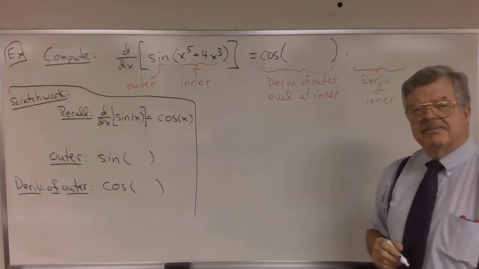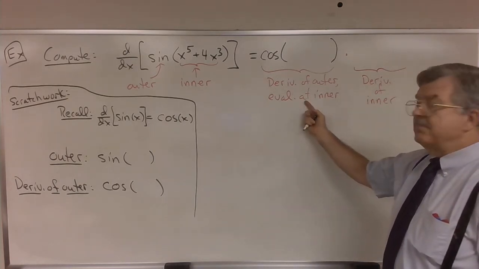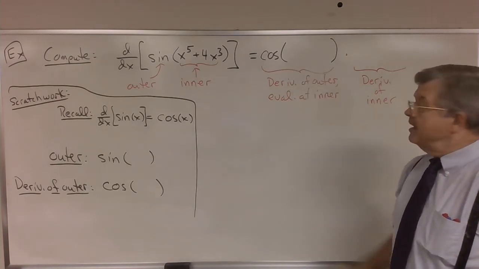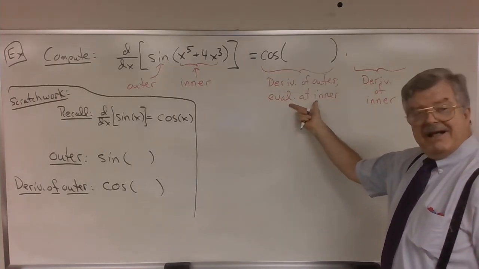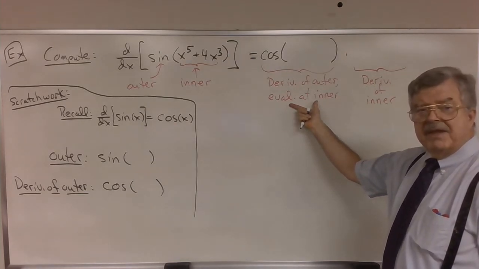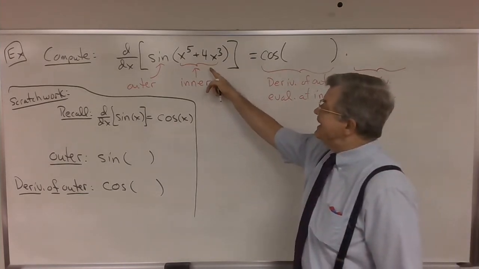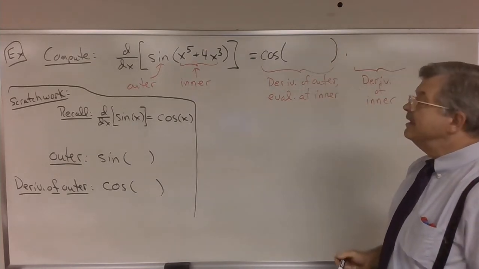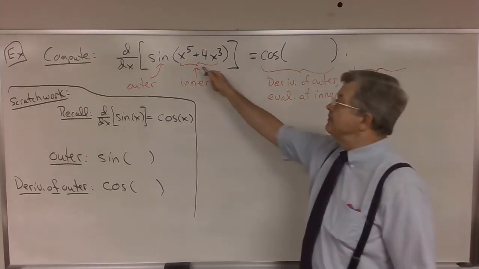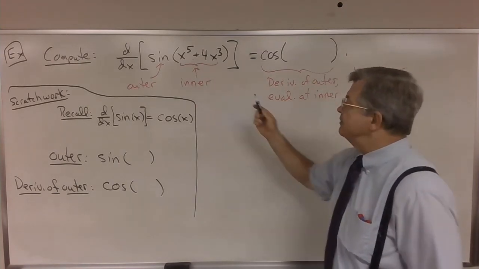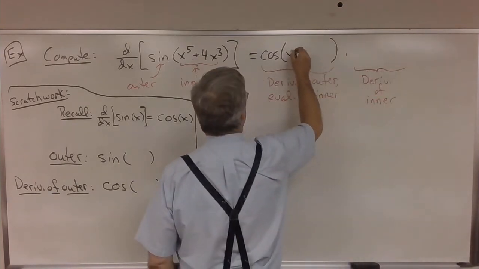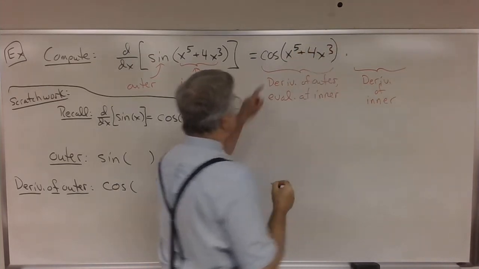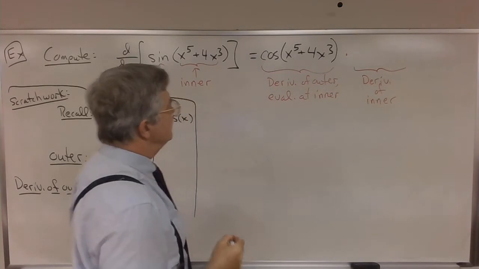Are we done here? Well, our template says we need the derivative of the outer, which we have, but it has to be evaluated at the inner. In other words, we have to take the inner function and plug it in here. So we'll take the inner function, x to the fifth plus 4x cubed, and plug it into the derivative of the outer.